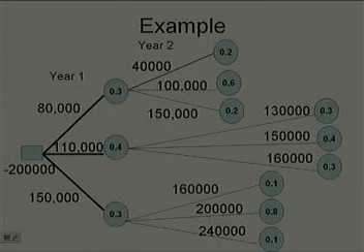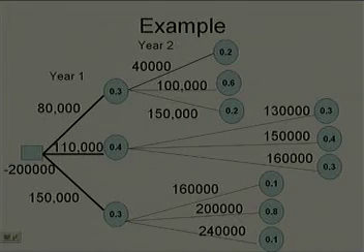and you are likely to get a return of 80,000 in year 1, and the chances that you will get this particular return is 0.3. Similarly, the chances that you will get a return of 110,000 in year 1 is 0.4. And similarly, the chance that you are going to get a return of 150,000 in year 1 is 0.3.